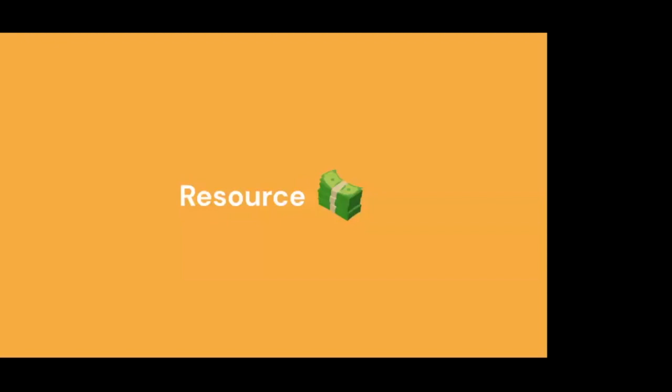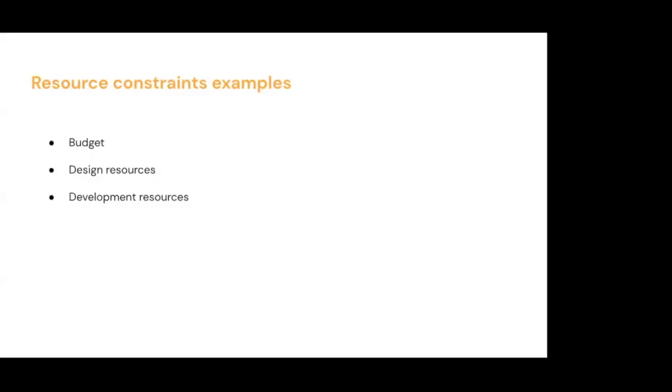Okay, and then the next thing is resource. Again, unless you're just doing something for fun in your spare time, there are often constraints that have to do with the budget. There might be some design resource limitations. So maybe it's a really huge feature, but you only have 2 designers working on it.